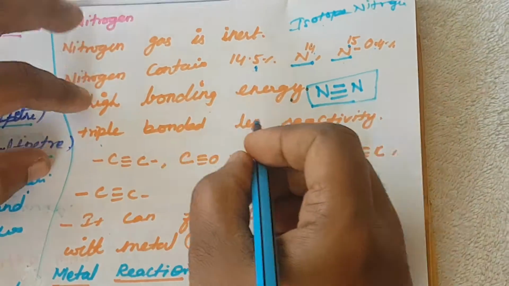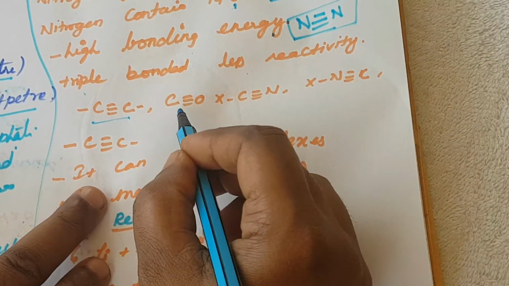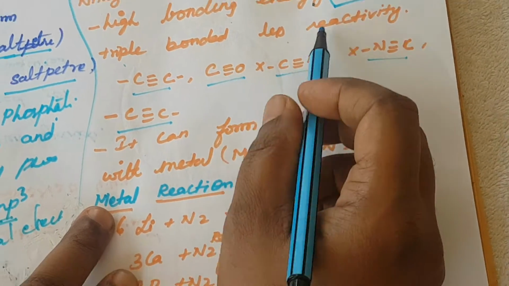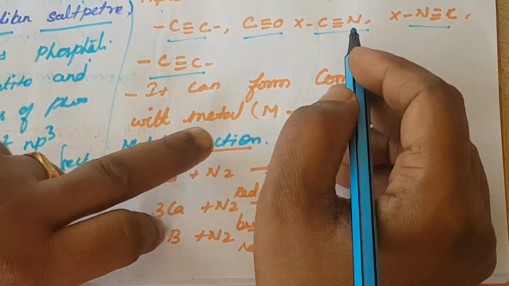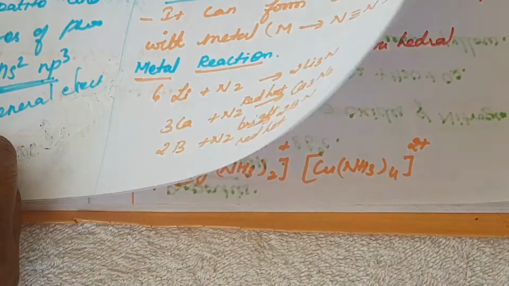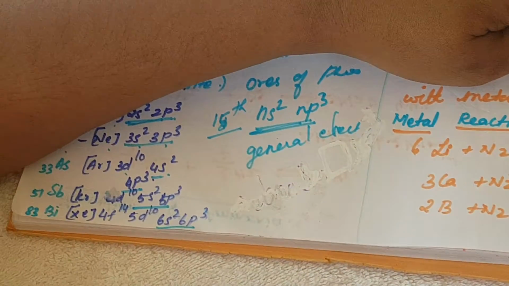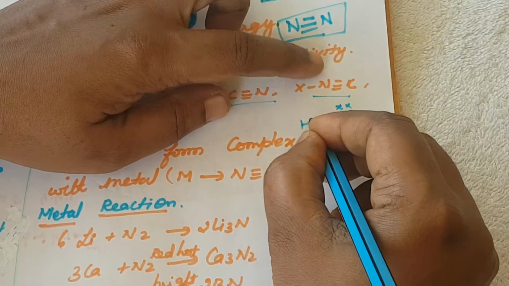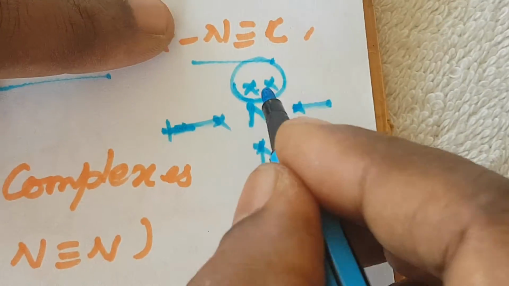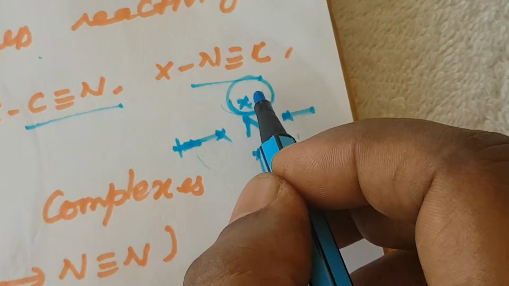Due to this triple bond, it is less reactive with other elements when compared to the carbon triple bond. Nitrogen's outermost shell has 5 electrons: three are used in bond formation and one pair is a lone pair, which is inert in nature.